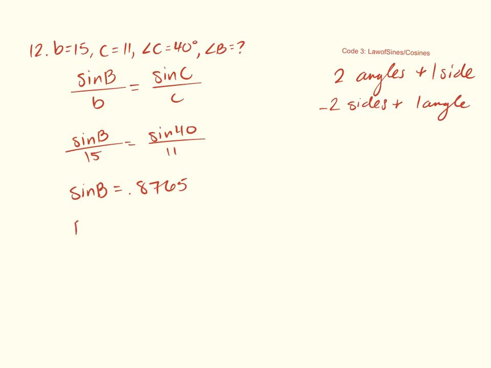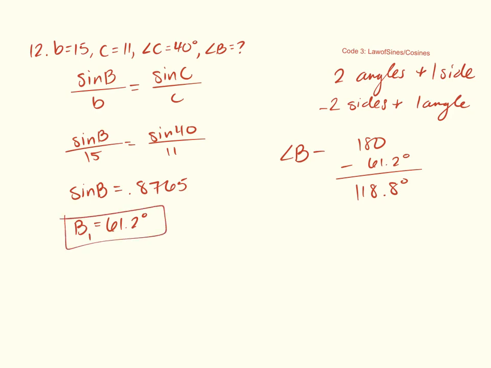And I get that angle B is 61.2 degrees, just from that portion. But because I can have two answers, there is a second option for angle B. So I'm going to take angle B and subtract it from 180 to get my other potential option. So I get 118.8 degrees. So B1 is 61.2, and B2 is 118.8 degrees.